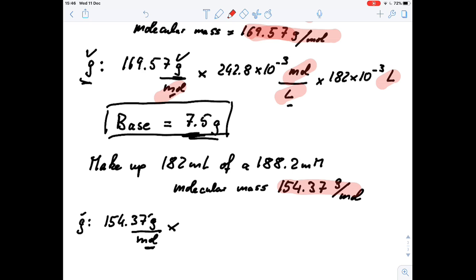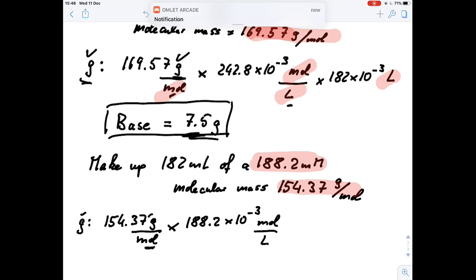Yep, it's in here in this 188.2 millimolar, so that's 188.2 times 10 to the minus 3, that's the millimole per liter. And Joe says it's 5.29 grams. Let's see if he's right.